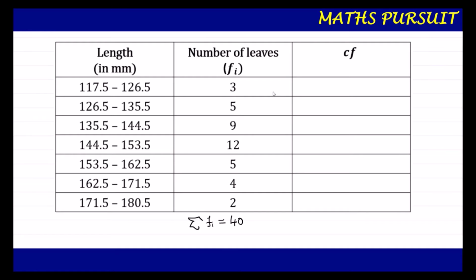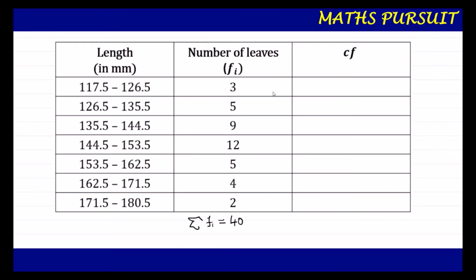And one other interesting thing that you would have noticed by this time is that the sum total of this frequency is always given in the question. If you read the question once, you would see that the length of 40 leaps, so they have already given the length of 40 leaps. That means altogether there are 40 leaps.